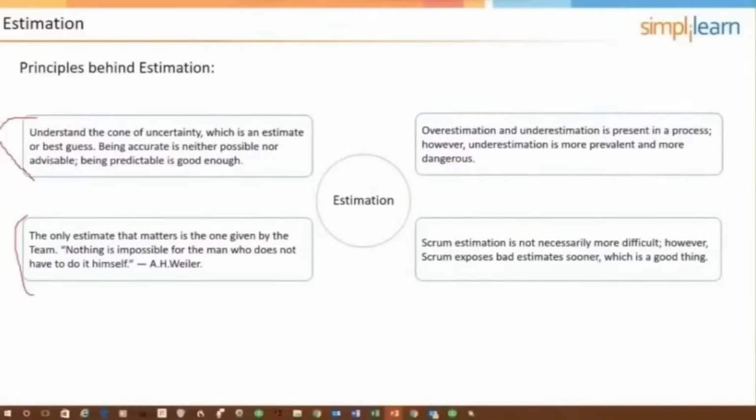Okay, top right, overestimation and underestimation is always going to be an issue that we deal with. It's more likely that we will underestimate than overestimate.